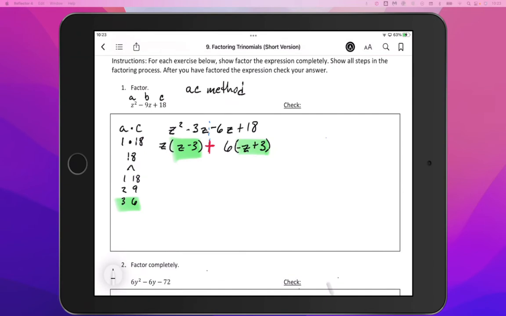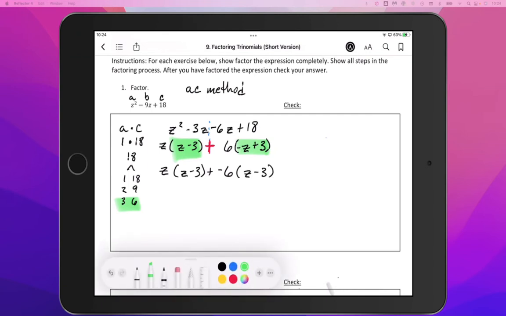We can see that on the left, the z is positive. On the right, the z is negative. On the left, the 3 is negative. On the right, the 3 is positive. That tells me that I need to factor out a negative 1 on the right side so that these will match perfectly. If I factor out a negative 1, that goes from being a positive 6 to a negative 6, from a negative z to a positive z, and from a positive 3 to a negative 3.